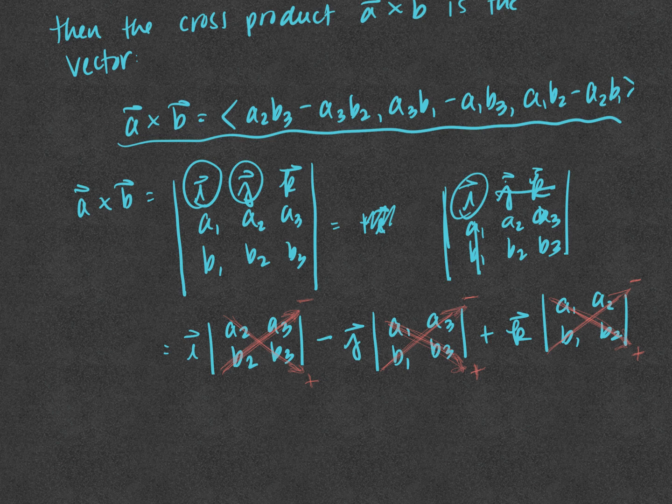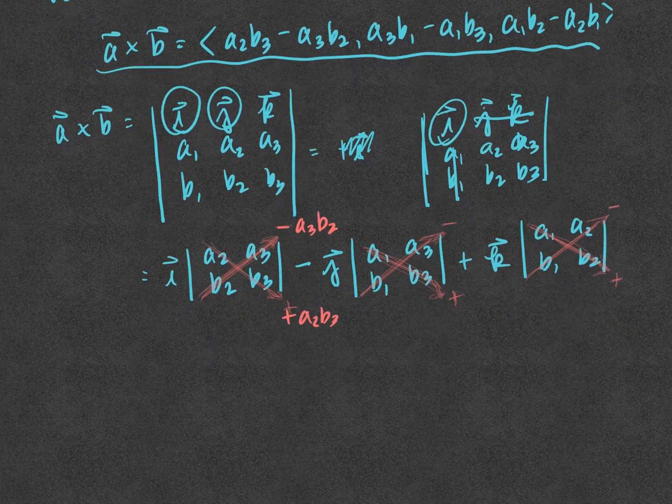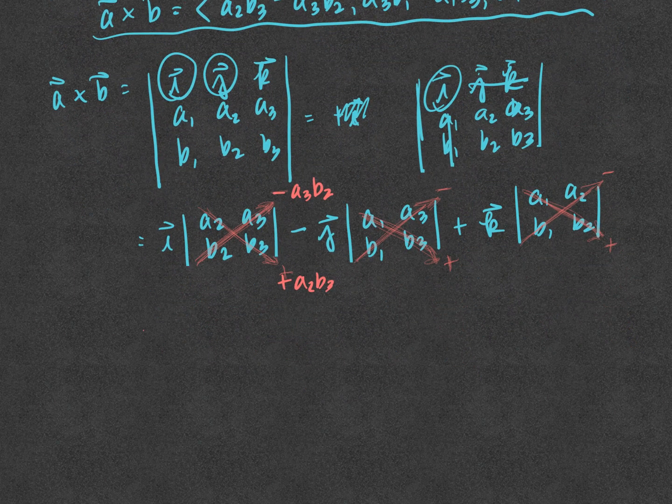And when we do this, down here we have A2, B3 plus, and up here we have minus A3, B2. Now you could call it B2, A3, but remember that the elements in their vectors are real, therefore the commutative property holds. So we have I times A2, B3 minus A3, B2.